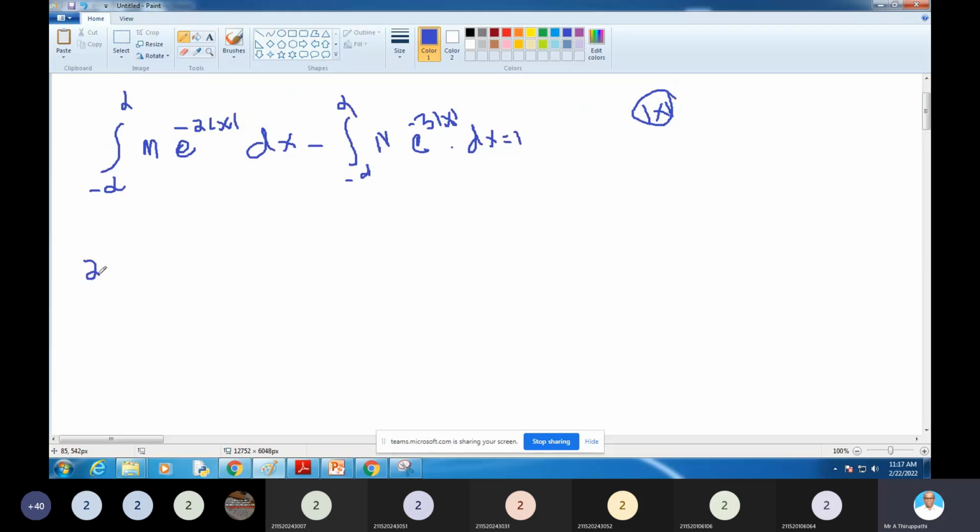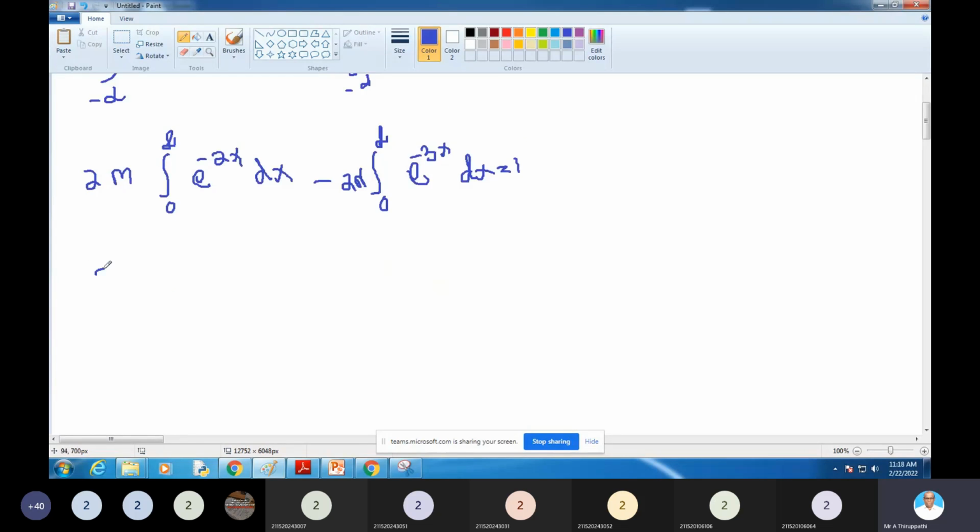So 2 times, m is a constant, take it outside, integral over 0 to infinity, e to the power minus 2x, no need of modulus, dx. Minus, same thing, 2 times n taken outside, integral 0 to infinity, e to the power minus 3x, no need of modulus, dx is equal to 1.